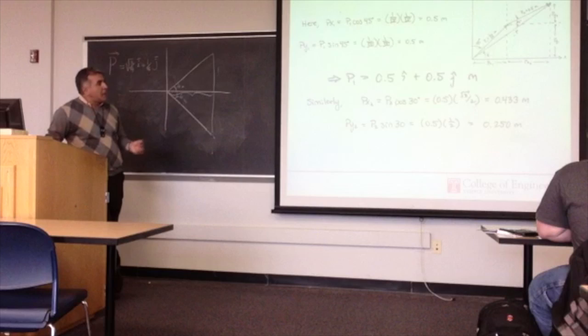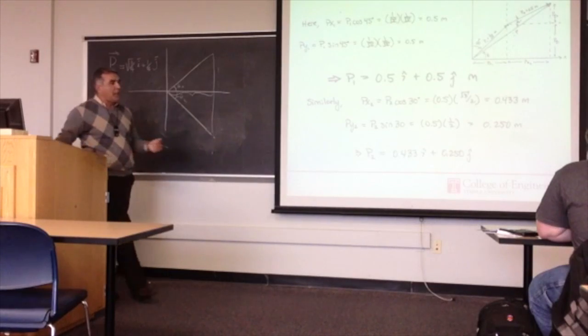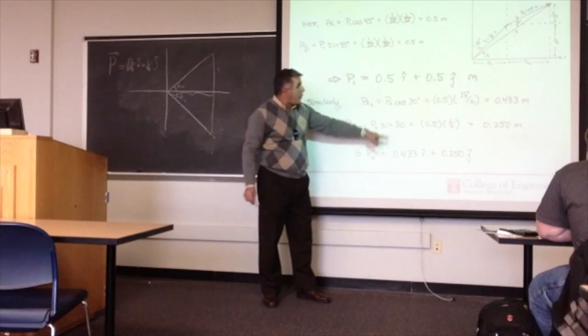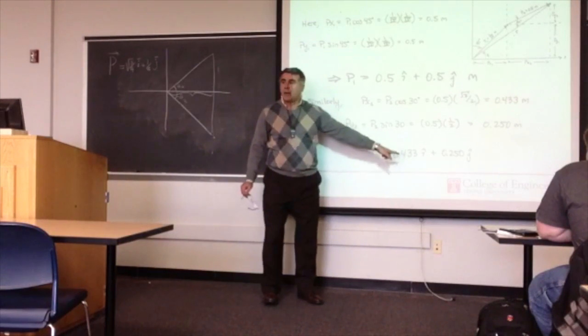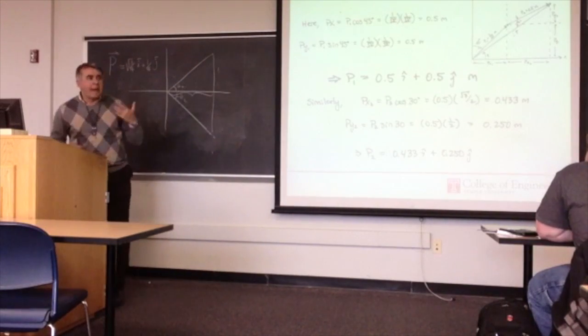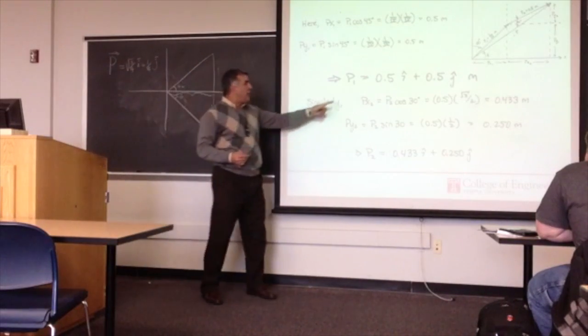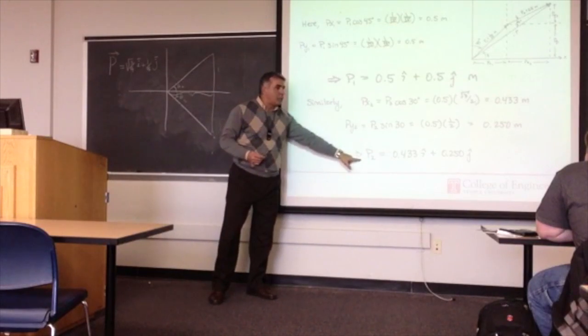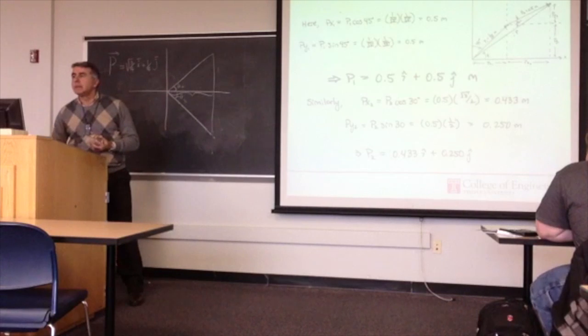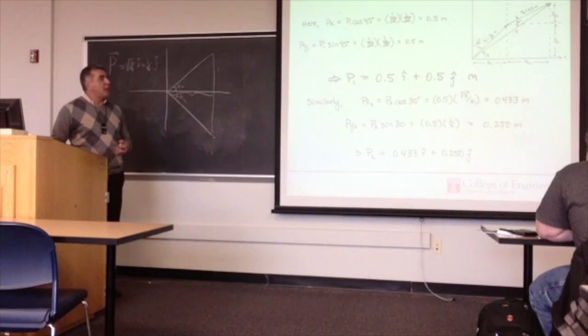So in this case, I should be able to describe P2, which is the x portion of 0.433 meters times i, plus 0.25 times j. So now you have P1 and P2. But your intention is to find P, right? P was equal to P1 plus P2.